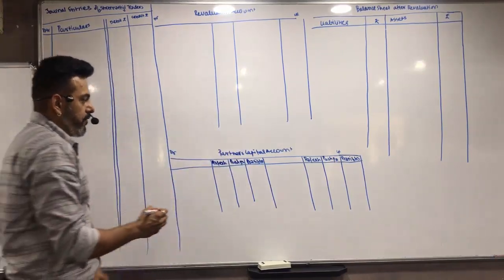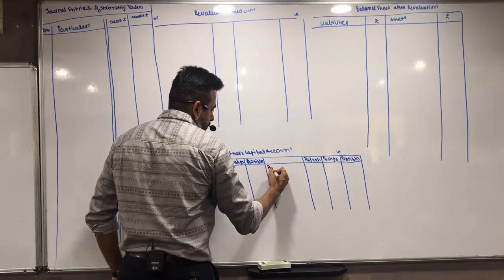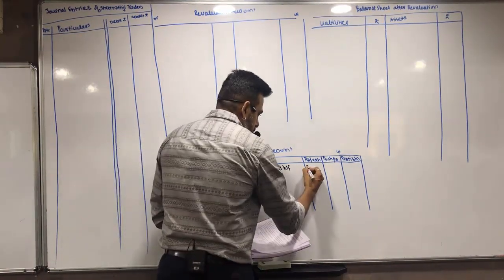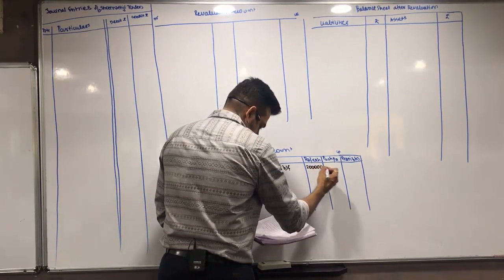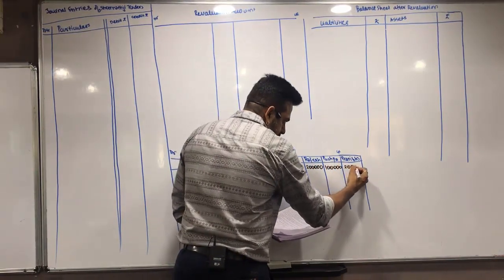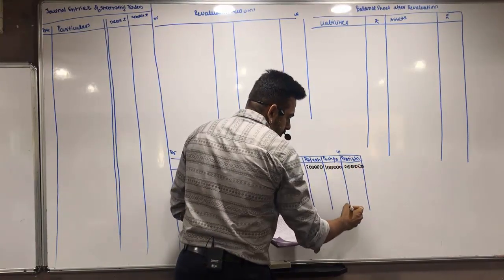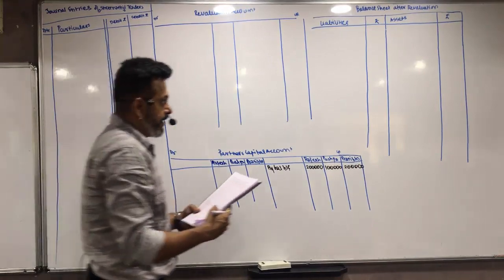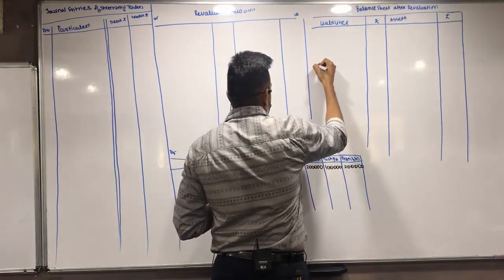Capital, so by balance brought forward. 2 lakhs, 1 lakh, 2 lakhs. Non-current liabilities. Headings are given, so let's write.